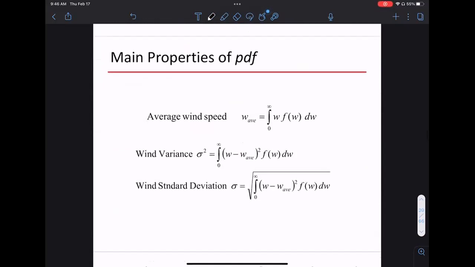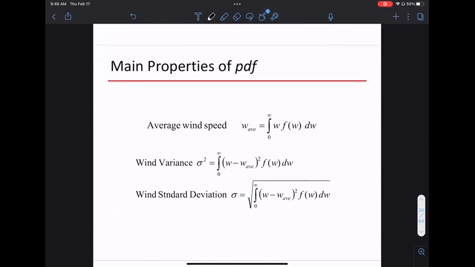And now we get to use integrals instead of sums. For the average speed, take w times the density and integrate this thing out. For the variance, take this thing times w and integrate. For the standard deviation, take the square root of this thing.